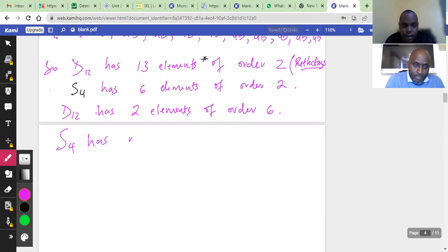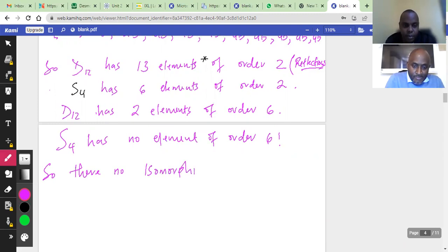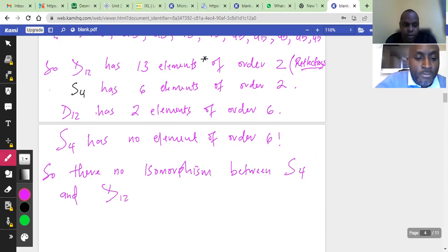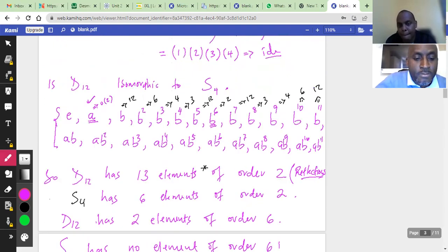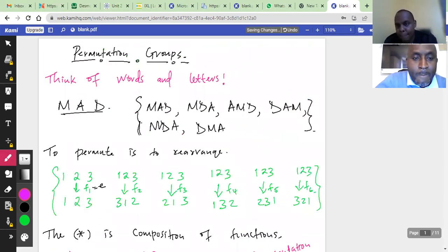So there is no isomorphism between S4 and D12. Okay. No isomorphism at all, because the structure needs to be the same.